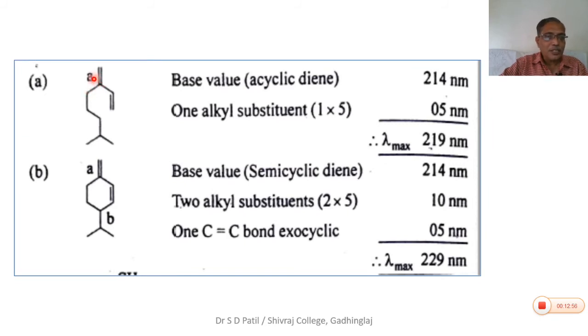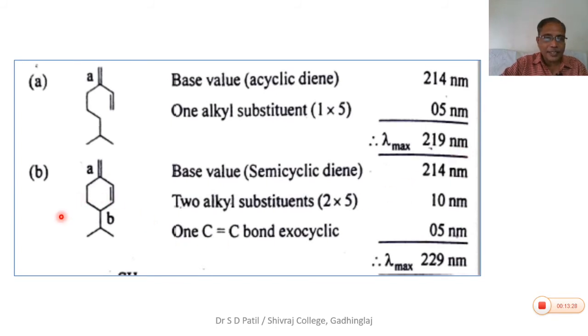So the alkyl substituent shown by A is an alkyl substituent, so there is an increment of 5 nanometers. As a result, 214 nanometers base value for acyclic diene plus an increment of 5 nanometers for one alkyl substituent makes it 219 nanometers. So the value of lambda max for this particular diene will be 219 nanometers.